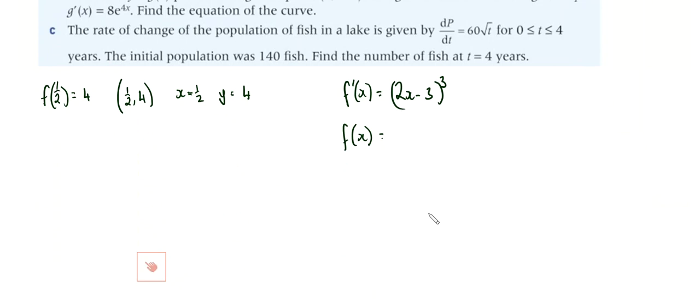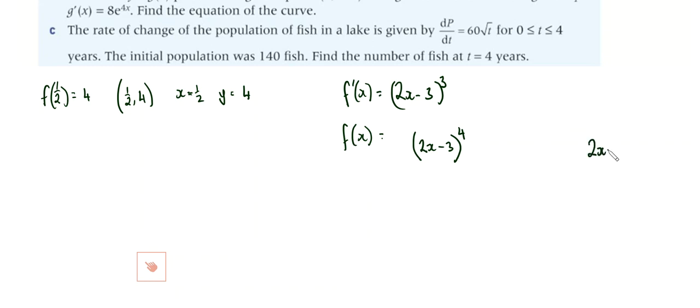Chain rule was used, so you're right. It's going to be (2x minus 3) to the power of 4 had to be the starting point, didn't it? But if I were to differentiate that, what would I end up with?